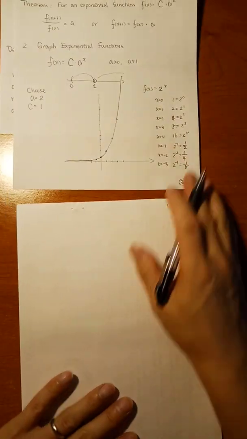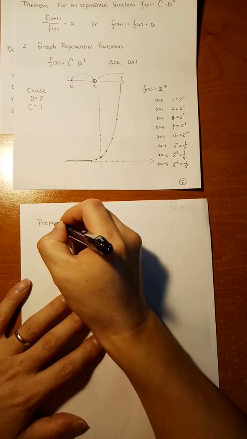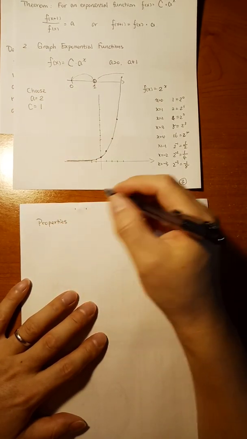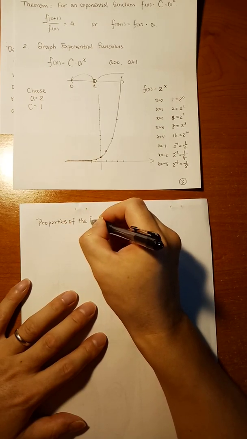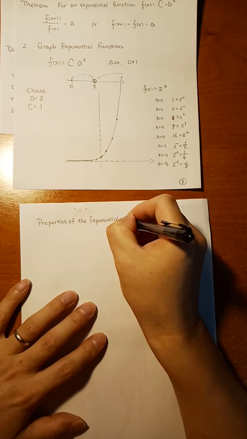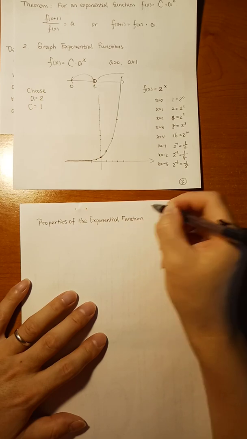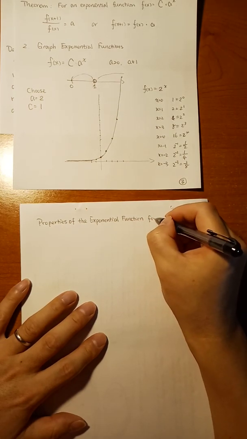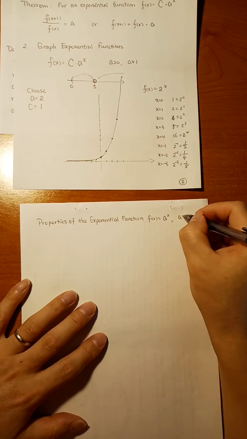So let's summarize what we have about the properties of the exponential function f(x) equal to a to x, where a is greater than 1.